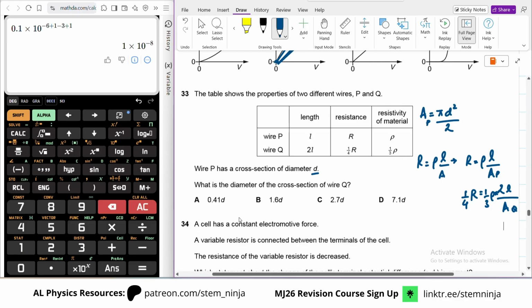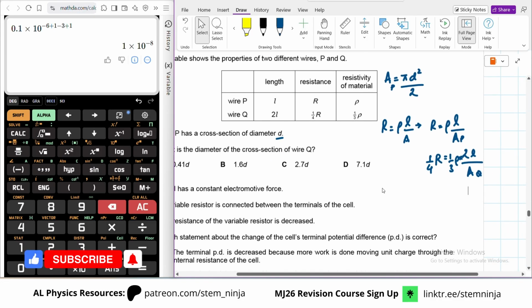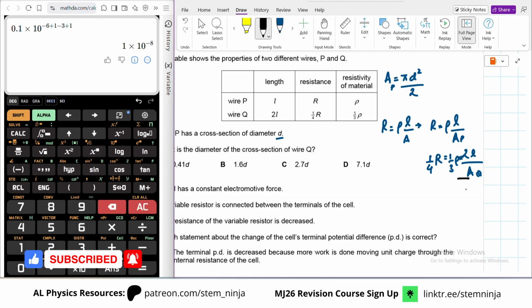So AQ would actually be a multiple of A over here, and the multiple would make sure that the net coefficient is 1. So on the right hand side, it's 2 over 3 rho L over A. We don't know this one yet, and this is 1 over 4.